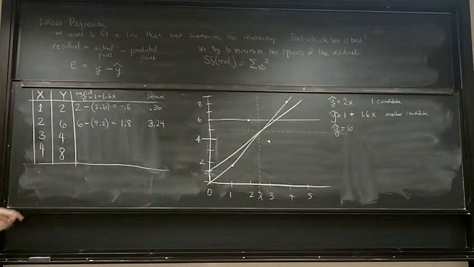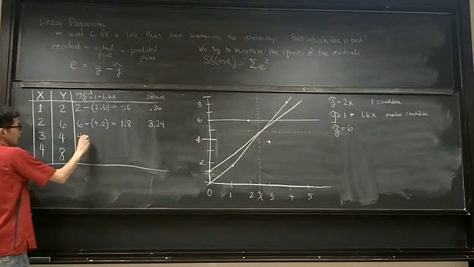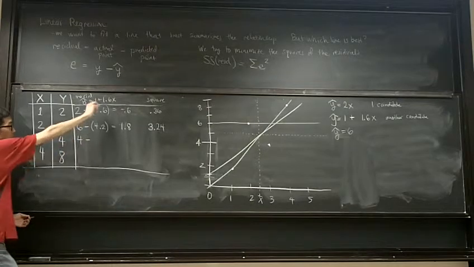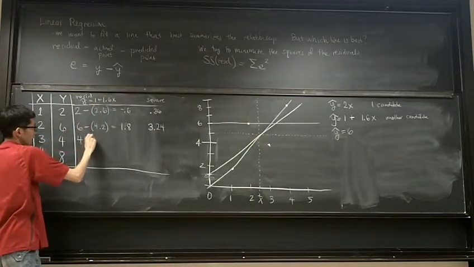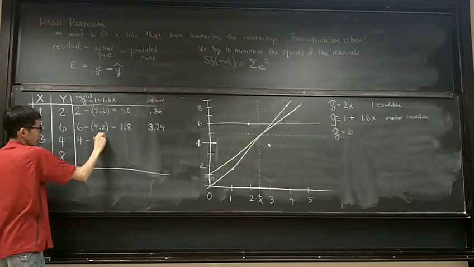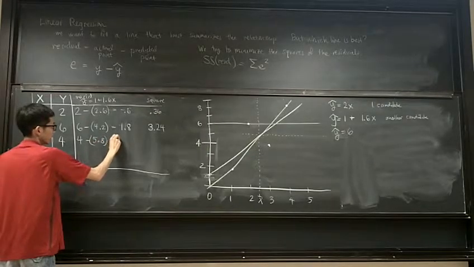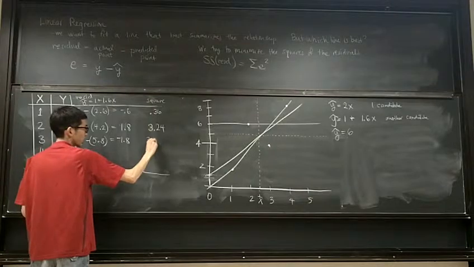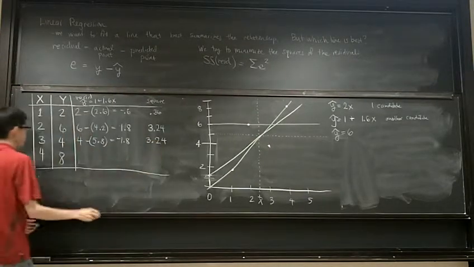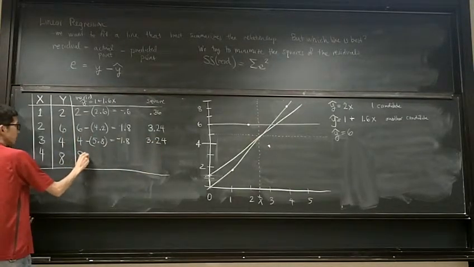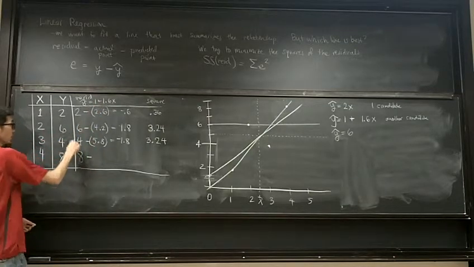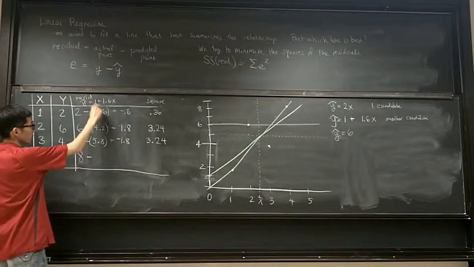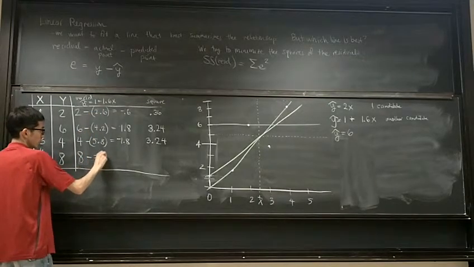Okay, and I do the same thing for here. My actual data point is 4, but when I put in 3 for x, I get 4.8 plus 1, I get 5.8. So I get negative 1.8. I get 3.24 here. And lastly, I plug in 4 here, and 4 times 1.6 gives me 6.4 plus 1, 7.4.